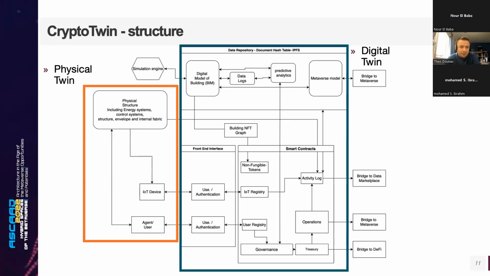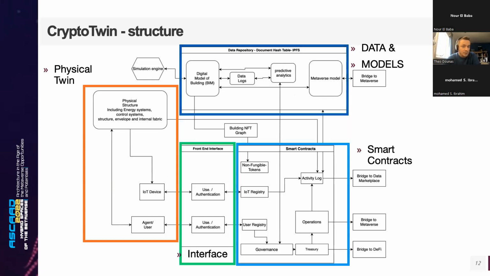The digital twin is on the right-hand side, and I'll explain the components so that we can have an informed discussion, right? So you essentially get the data model, the data and the model, on what we call a decentralized repository, and this is based on the InterPlanetary File System.